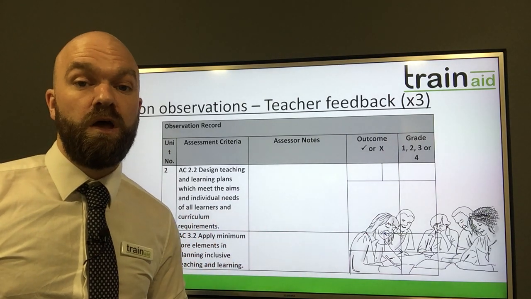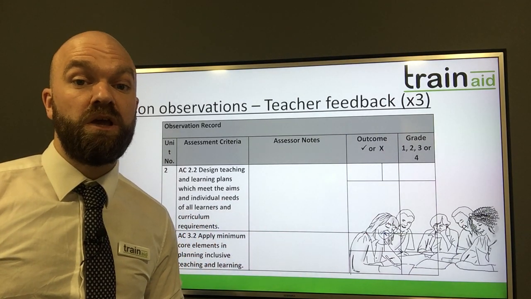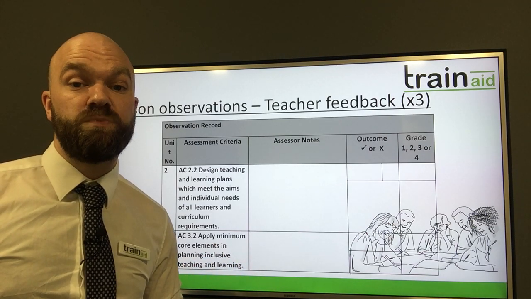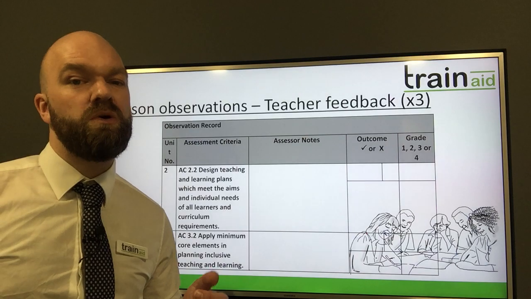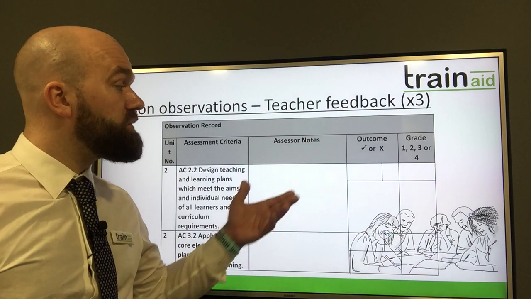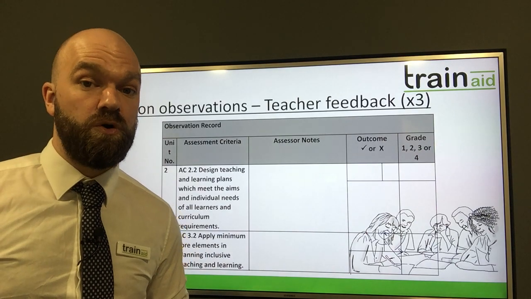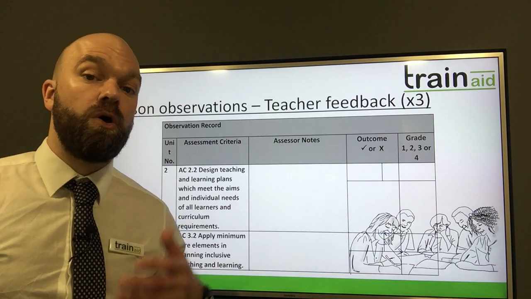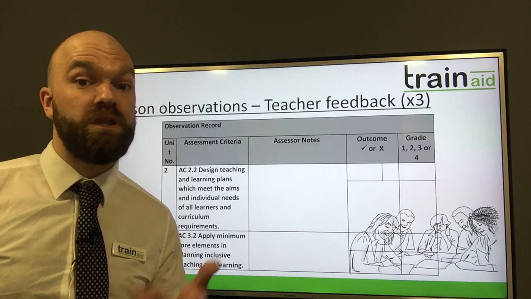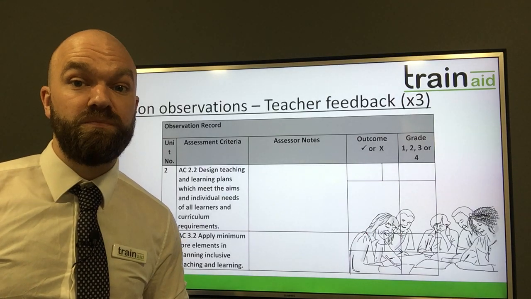If you know 2 or even 3 qualified teachers or experienced trainers, they can observe you. So a colleague is absolutely fine to observe you. You can use our observation form provided behind me, or if you've got your own organisation's observation form, then that's absolutely fine to use as well.